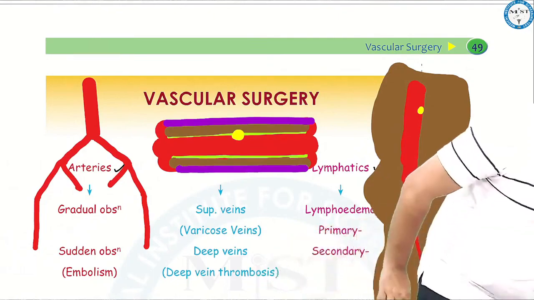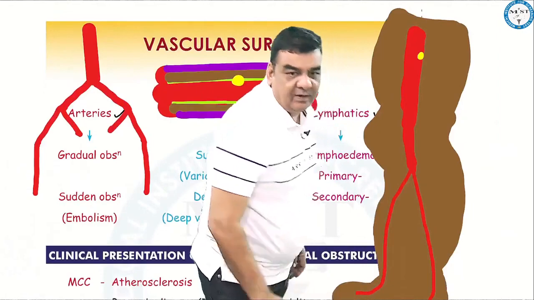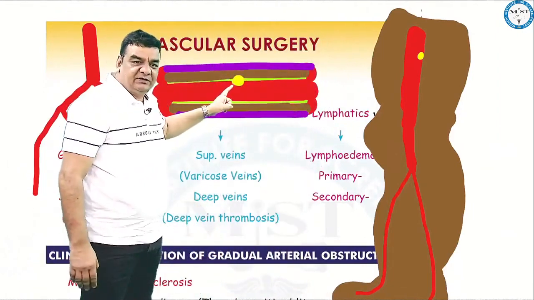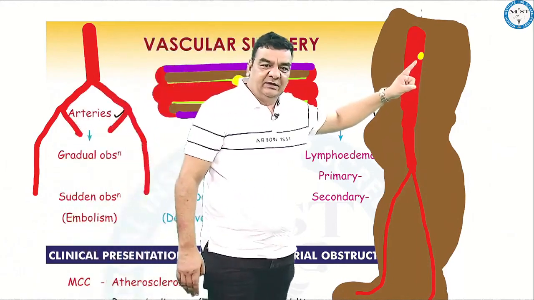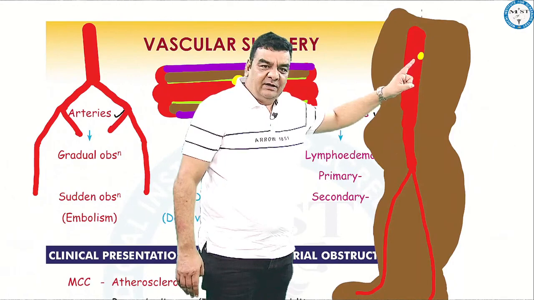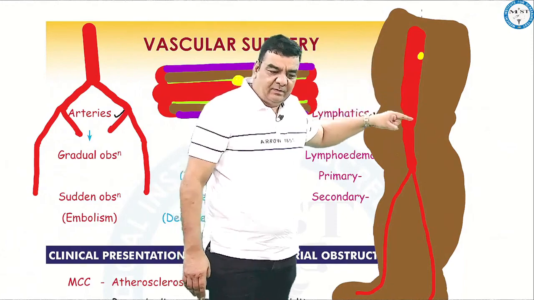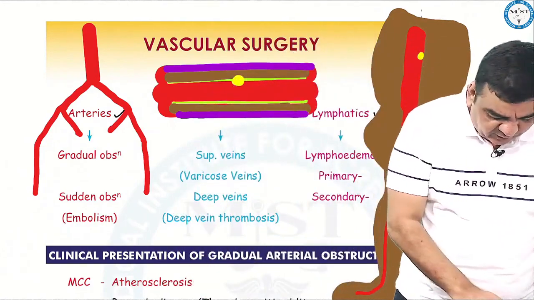Now, just try to understand the concept better here. As the atherosclerosis is taking place, starting by depositing in the intima, here you can see the intima is having this atheromatous plaque. If you look at the caliber of the vessel, the vessel is not having too much of a problem.